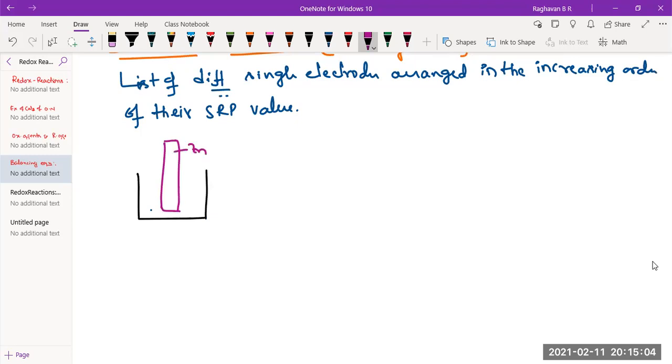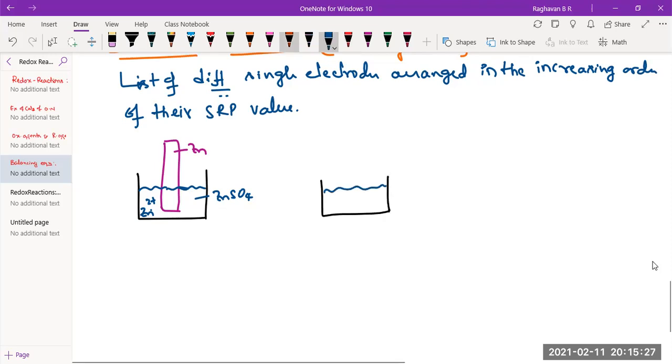If I take zinc, you have to take zinc sulfate solution, so that the zinc rod will be in contact with Zn2+, its own ions. Like that, when you take a copper rod dipped into copper sulfate solution, it becomes a copper single electrode.